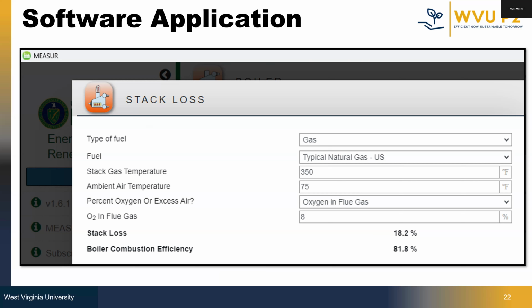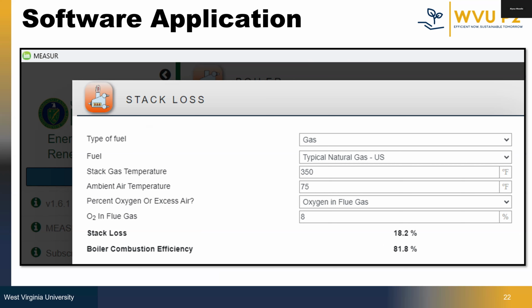This tool will calculate the stack loss, which, if you recall from a few slides ago, is really the primary source of loss in a boiler.